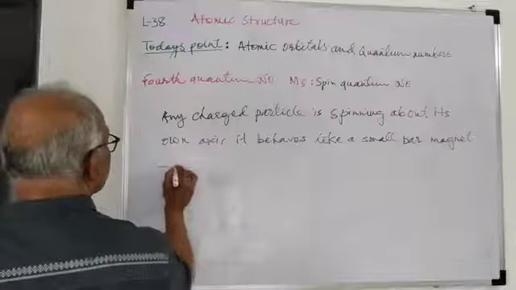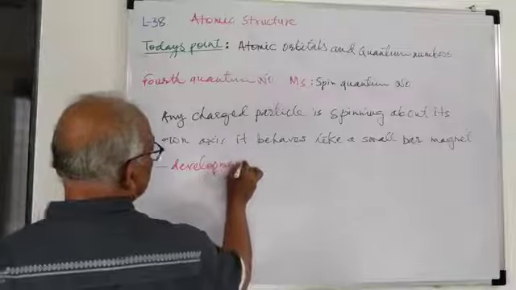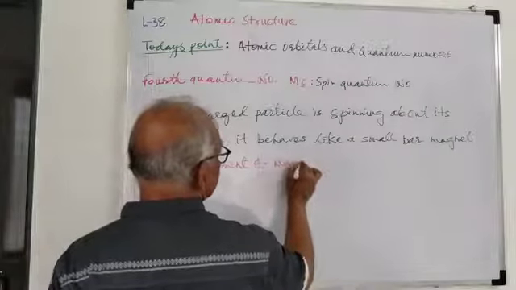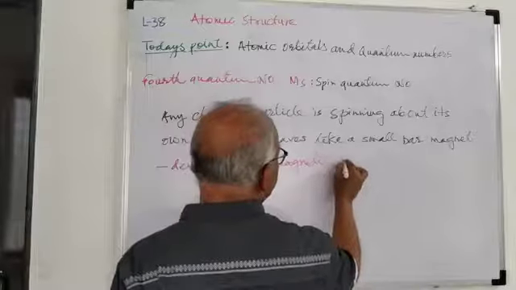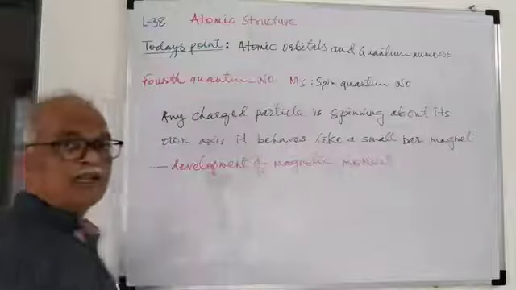So there is development of magnetic moment in the electron.